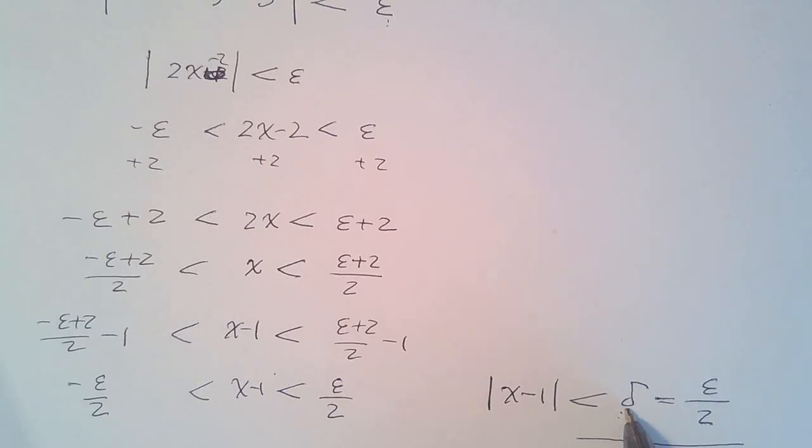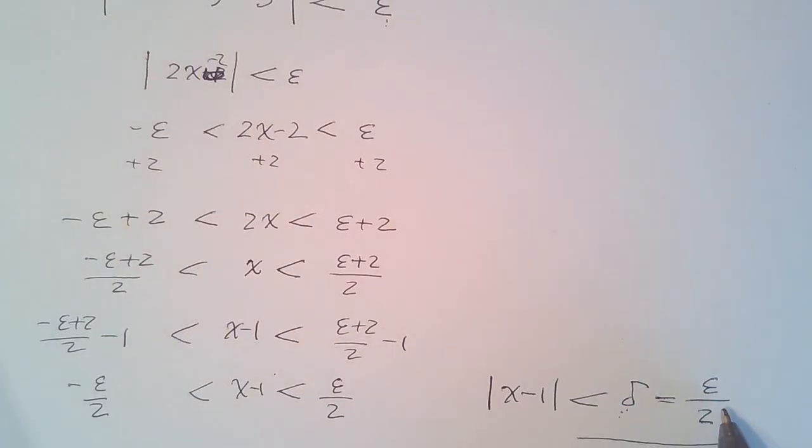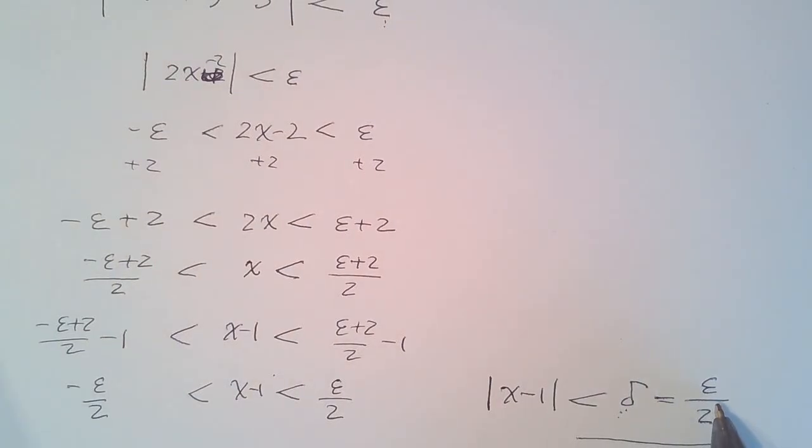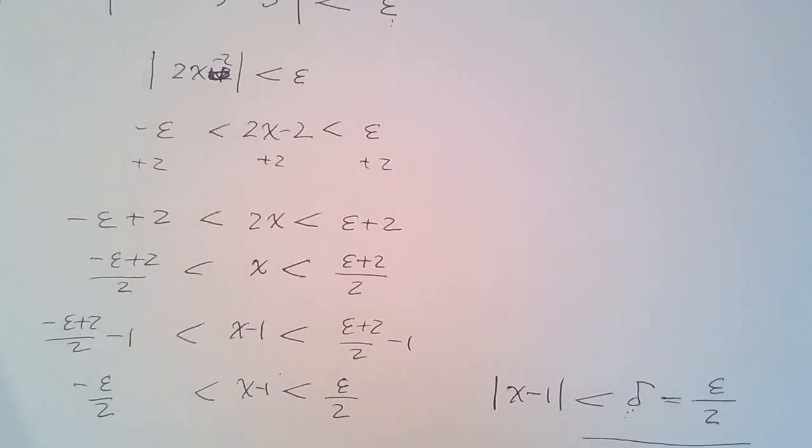In this case, for whatever given epsilon, we just divide by 2, which agrees with what we did earlier, right? If I give epsilon as 0.01, then we find our delta is 0.005, half of that. So we know how to find the delta for a given epsilon value.